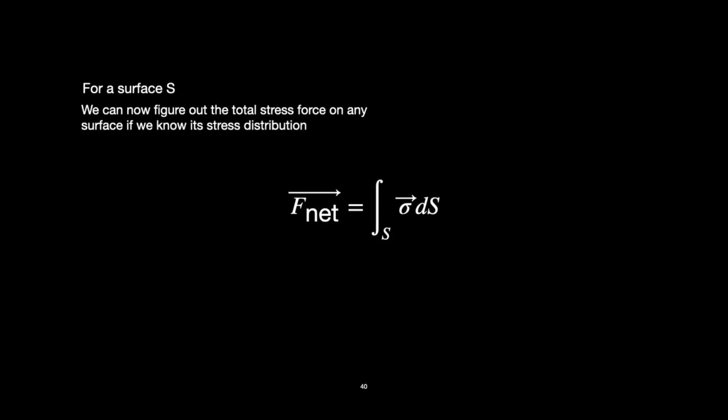So the net force for a surface S is going to be the stress vector times dS for a surface. That's a surface integral, so that's the area. That's why there's an S. So don't be really scared.